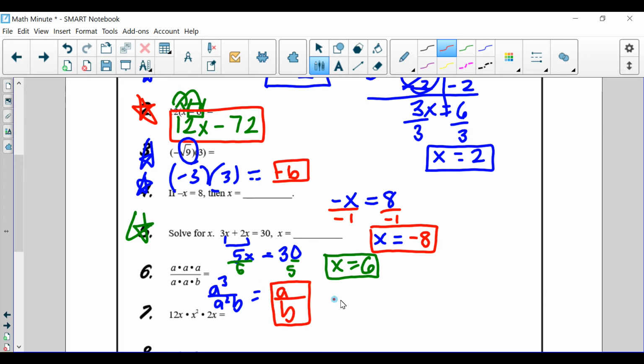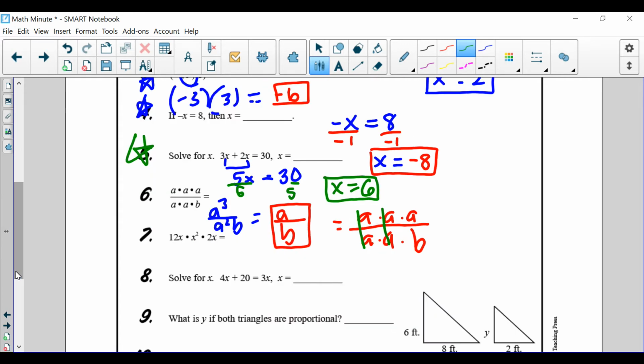If you need to, go ahead and rewrite it in expanded notation, and you'll notice what I'm talking about. You'll notice that these cancel out to ones, and then we're left with the a over b that we mentioned earlier. Alright, how are we doing?